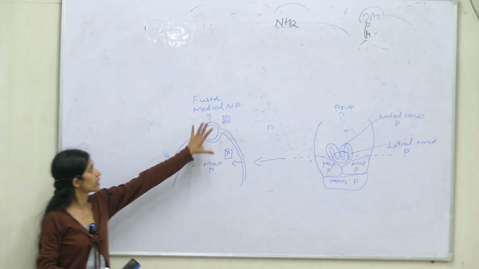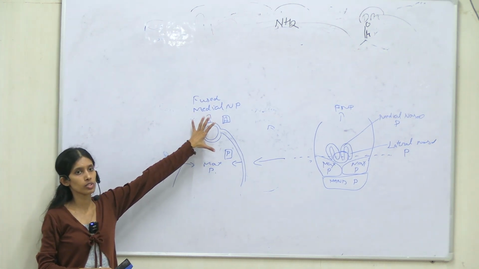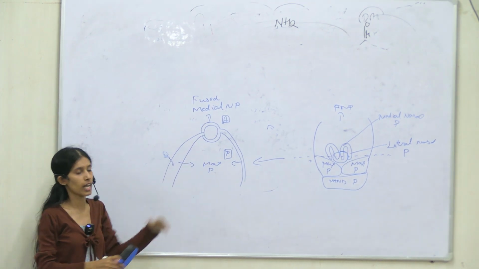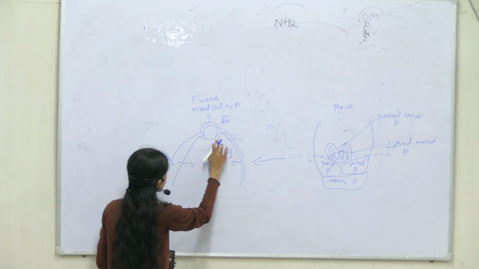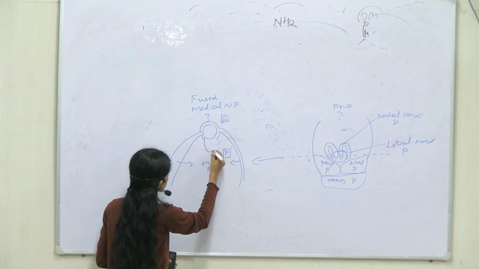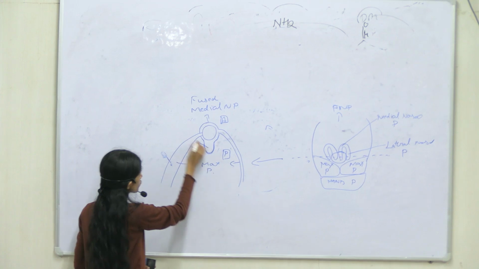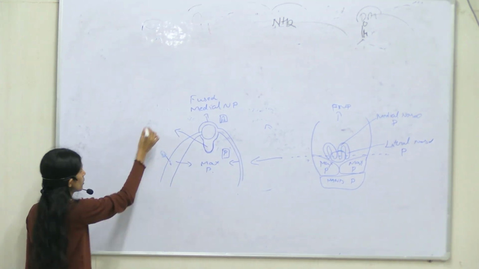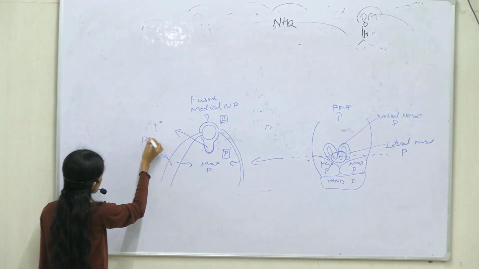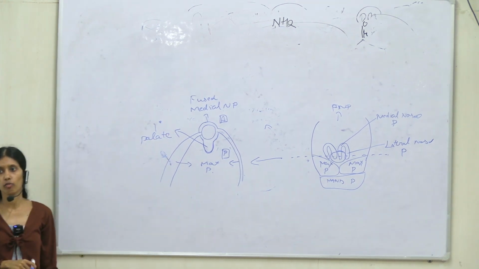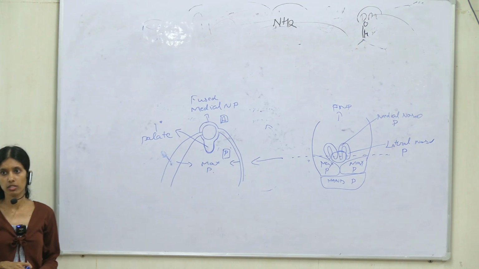So, now in this part, that is in your fused medial nasal process, on the posterior aspect, we can see a projection like this. This projection is nothing but your primary palate. This is how the development of primary palate takes place.